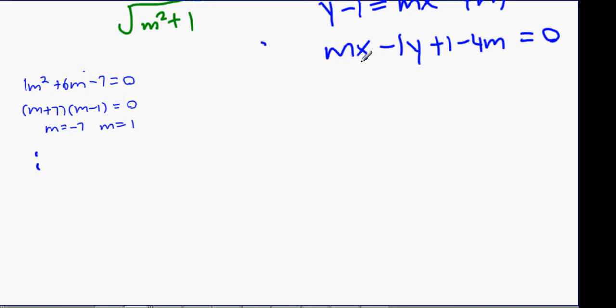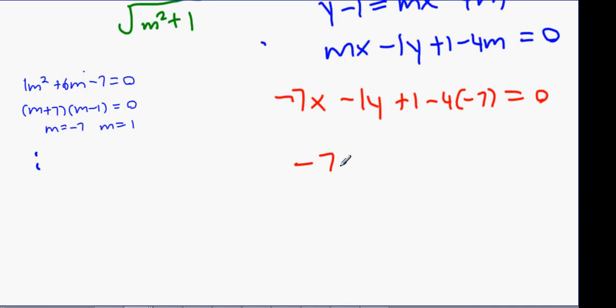Now guys, replace m with minus 7. So we're going to get minus 7x minus 1y plus 1 minus 4 times minus 7 equals 0. Sorry, not 7m, it's 7x, excuse me, because m is minus 7. So you're going to get minus 7x minus 1y plus 29 equals 0.